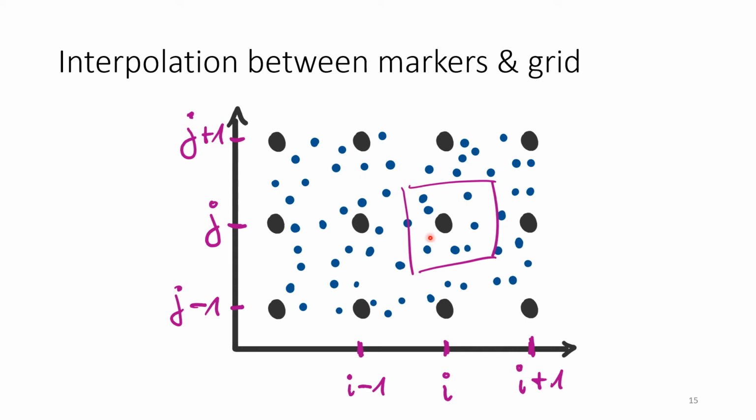You can make it larger or smaller, depending on whether you want a more local or a much wider interpolation. And now I'm interpolating all those markers based on their distance to my grid point. If a marker is really close to my grid point, it holds a lot of true information for my local point here. If it's further away, it has a less strong relationship to my grid point. So I'm doing some distance weighting.